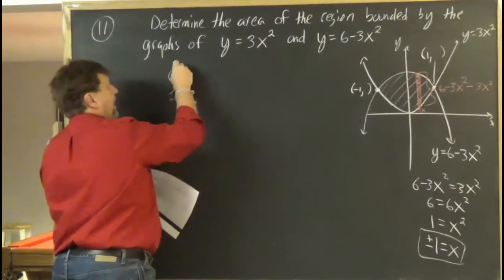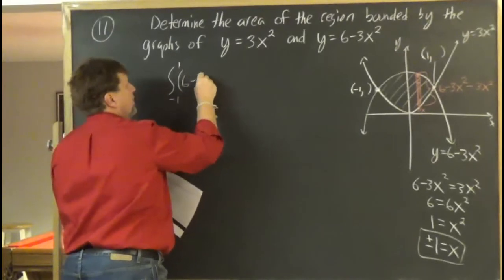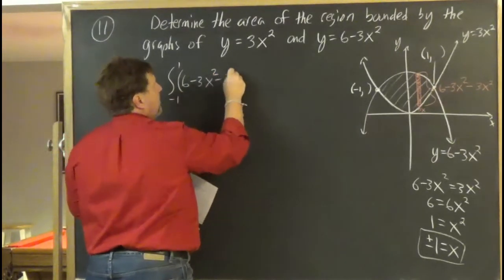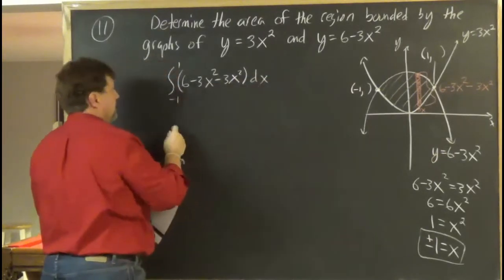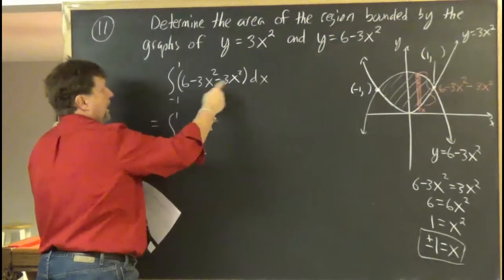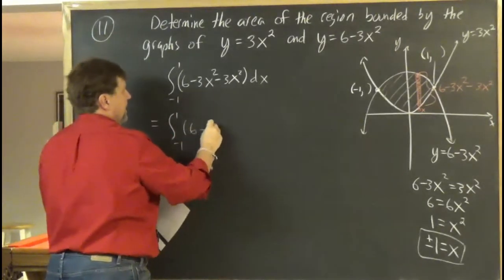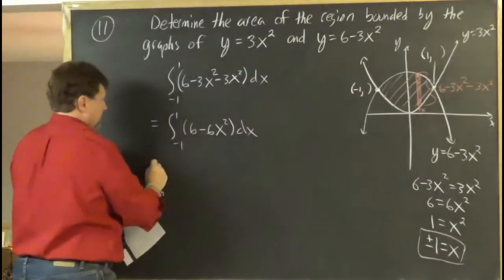It's the integral from negative 1 to 1 of 6 minus 3x squared minus 3x squared dx. And now it's just a matter of doing it. I would clean this up to get the integral of 6 minus 6x squared dx.